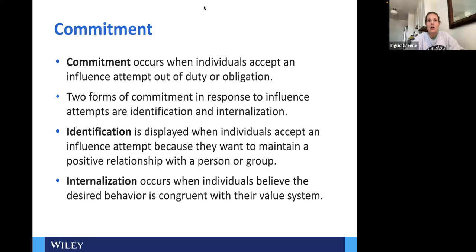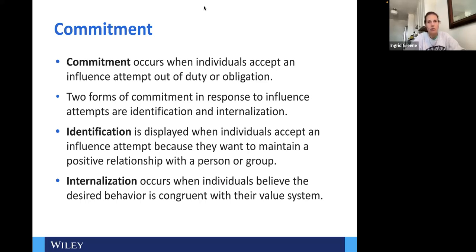Commitment, when individuals accept an influence out of duty or obligation. And so there are two different forms of commitment. First is identification, to accept an influence attempt because they want to maintain a positive relationship with a group or a person. And we see this in like fraternities and sororities. They'll say like, oh, well, I'm a part of this fraternity or the sorority.